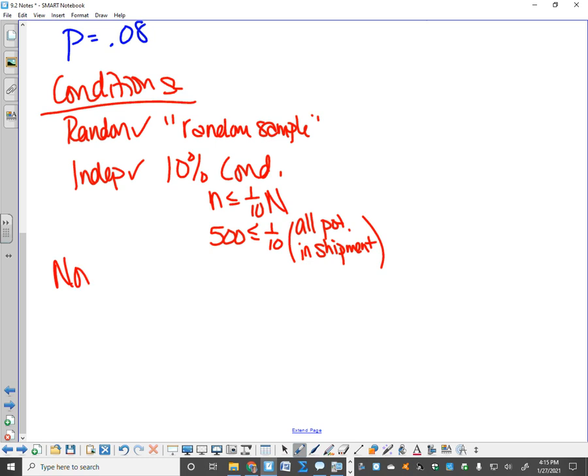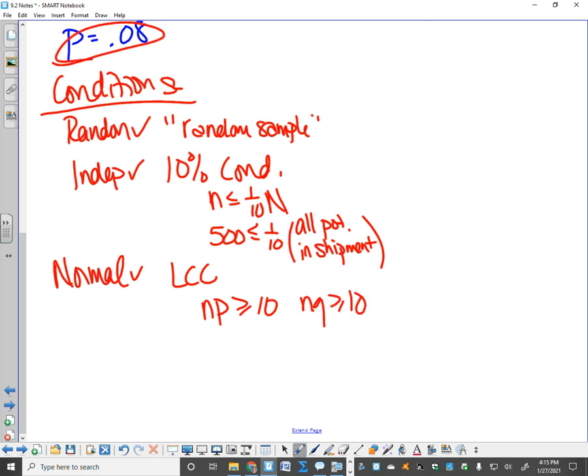And then normal, that's my large counts condition, np, nq, no hats because I know who p is. So 500 times 0.08 and 500 times 0.02, and that is a 40.